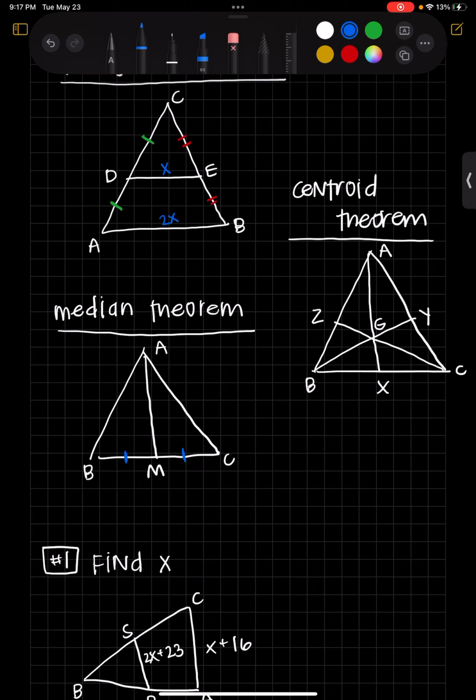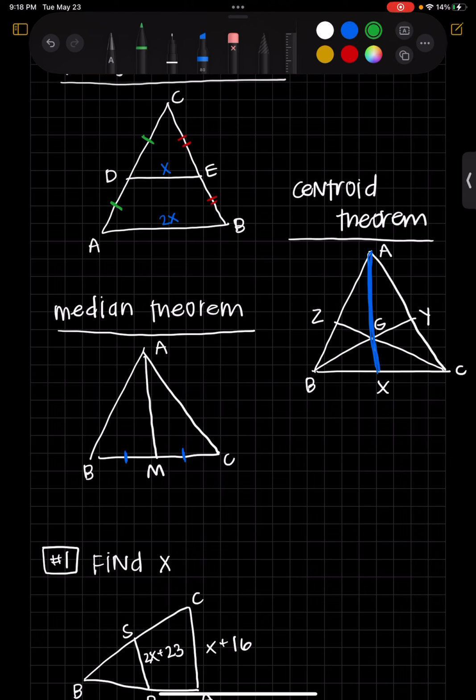And the last theorem that we're going to talk about is the centroid theorem. So the centroid theorem basically says that these three lines that are cutting this triangle meet at a centroid. The way that I like to think about it is that if I'm just going to look at from A to X, that whole length is going to be 3 parts.